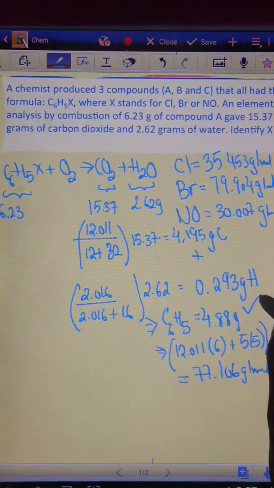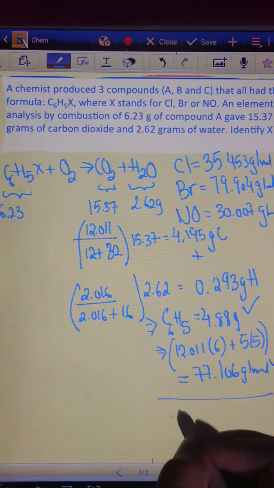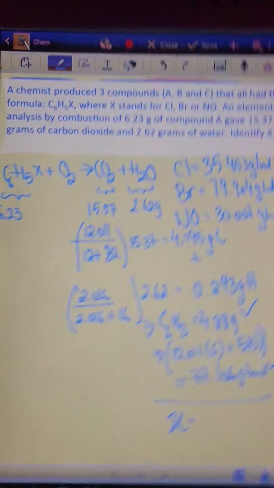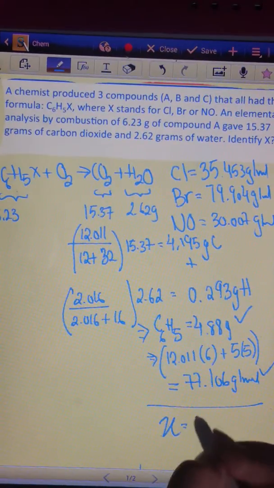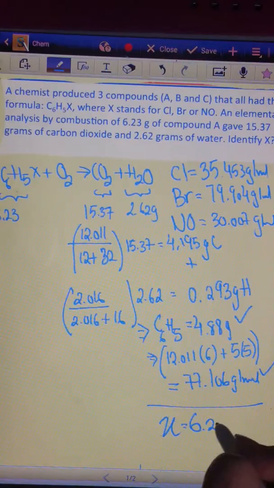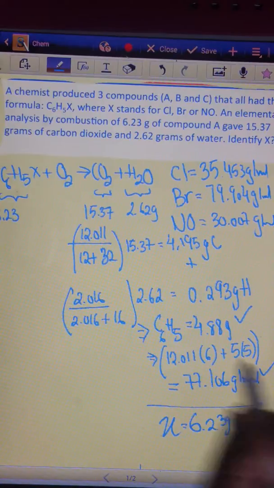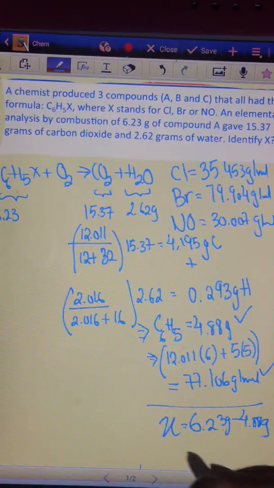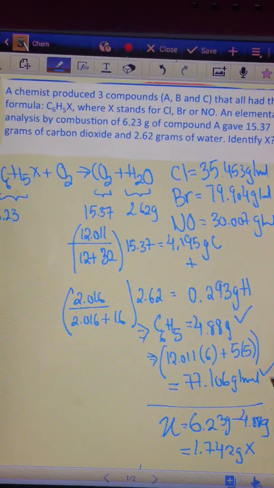So we have one component of C6H5 and now we need X. We can find the mass of X in the compound by subtracting the mass of C6H5 that we figured out using percent composition from the entire mass of the sample, which is 6.23 grams. That gives us 1.742 grams of X.